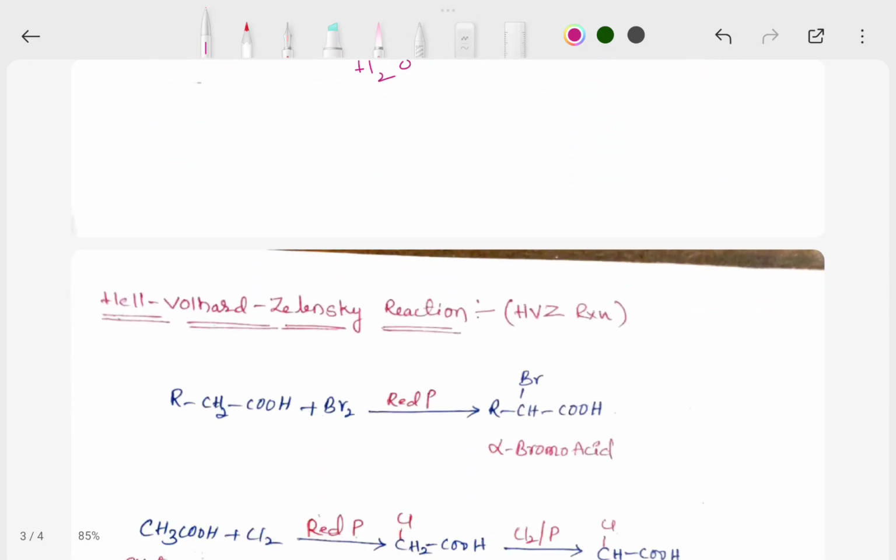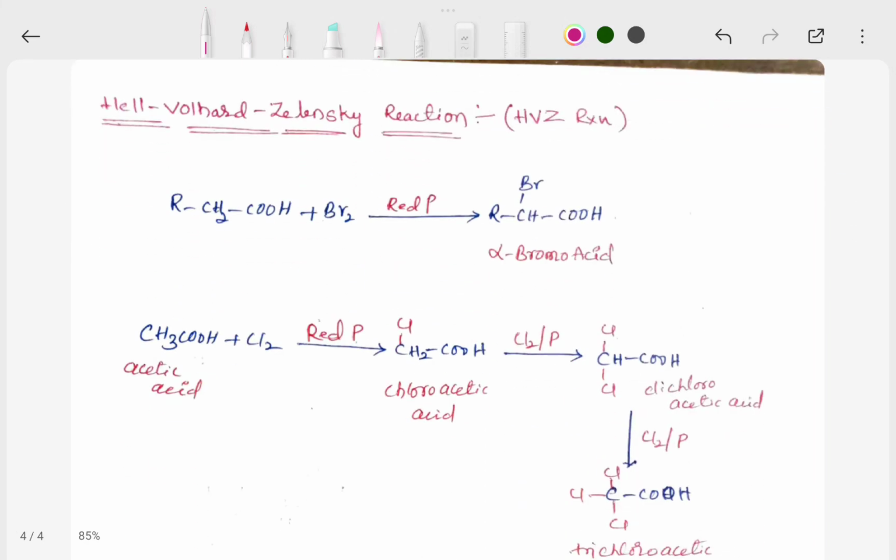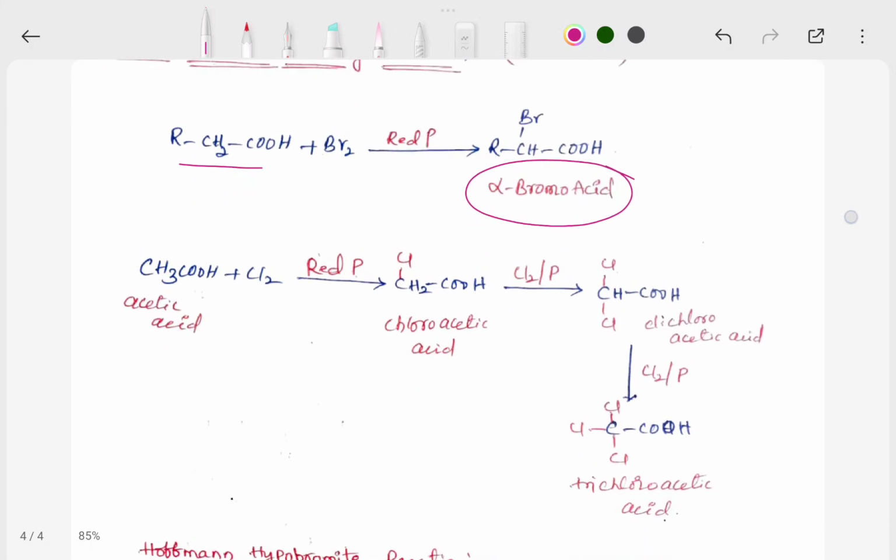And the next one, the HVZ reaction, the Hell-Volhard-Zelinsky reaction: conversion of aliphatic acids to alpha halo acids.